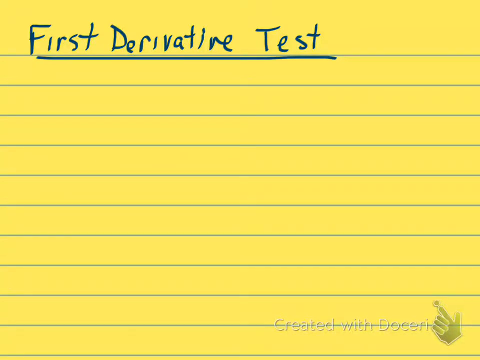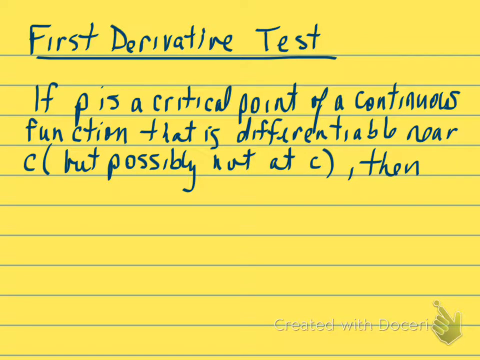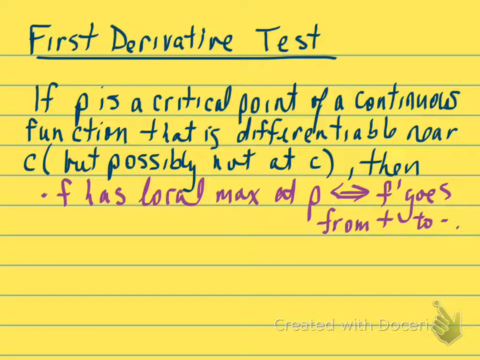And the first derivative test says the following. If p is a critical point of a continuous function that is differentiable near c, but possibly not at c, so p is either a point such that f prime of p equals 0, or f prime of p does not exist, then f has a local max at p if and only if f prime goes from positive to negative.